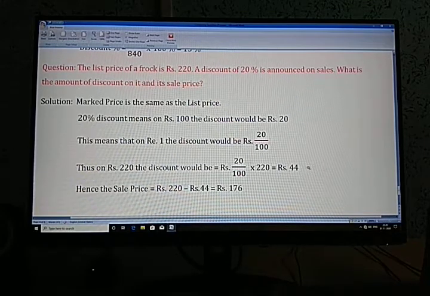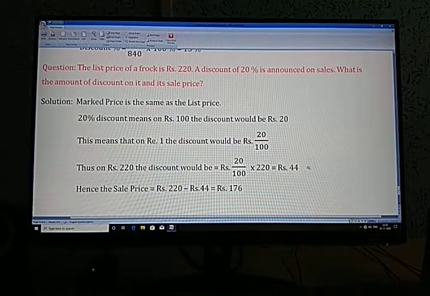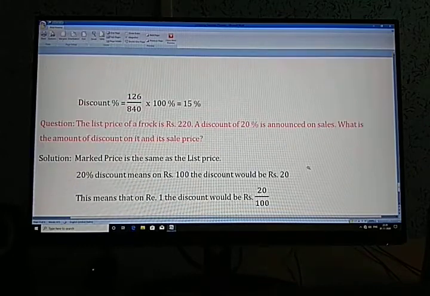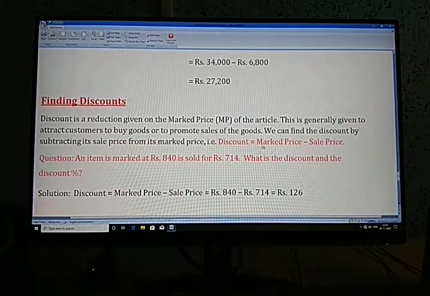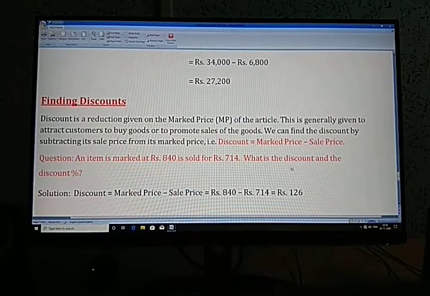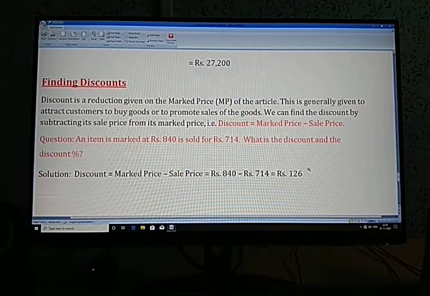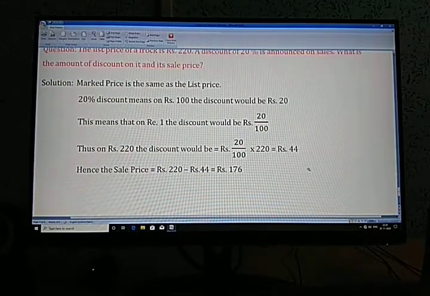Now the sale price. Using that earlier formula, you just have to reshuffle it a bit. The earlier formula was discount equals marked price minus sale price. We have to find out the sale price now. Discount is already given to you, and the marked price is also given, so just putting the values in the appropriate places, we can find the sale price.